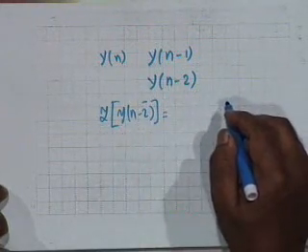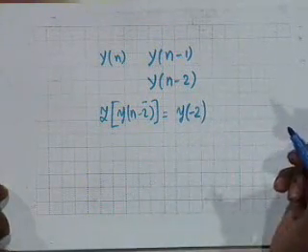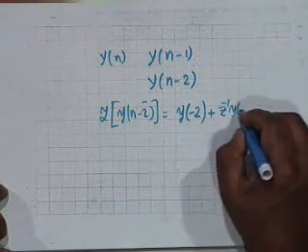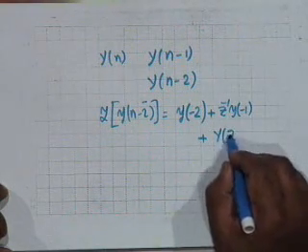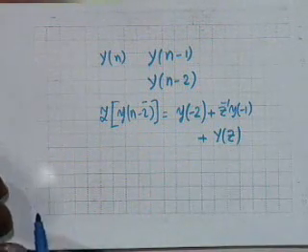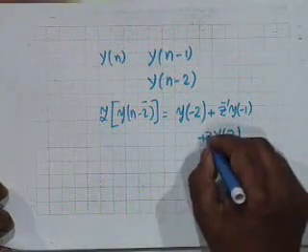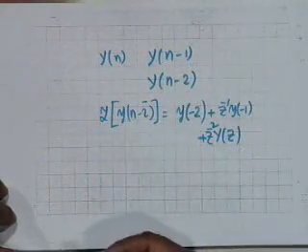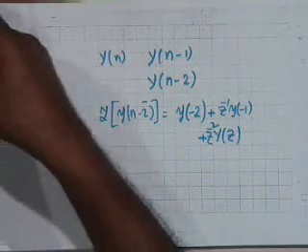It would be y of minus 2, you can easily show this, plus z inverse y of minus 1 plus z to the minus 2 capital Y of z. Similarly, you can extend it to other delayed functions. That completes my discussion on Z transform.